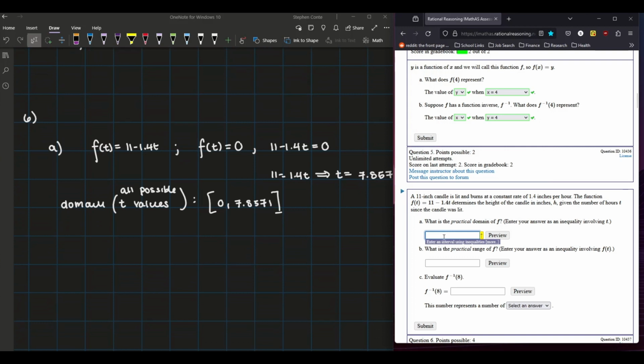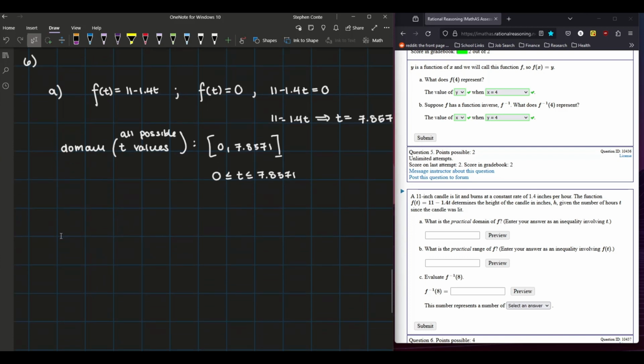This wants our answer as an inequality involving t, so then we'll change this from interval notation to inequality notation. That's that. Practical range is all possible y values.